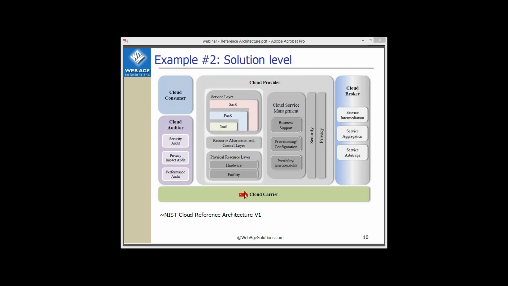Sometimes that capability might be integrated within the provider if they've linked up through merger or whatever with a telecommunication company such as Verizon. It's more like one-stop shopping. In other cases, the cloud carrier might be a separate agreement, but those are the people that you would have the SLAs with as far as telecommunication quality and service level expectations.